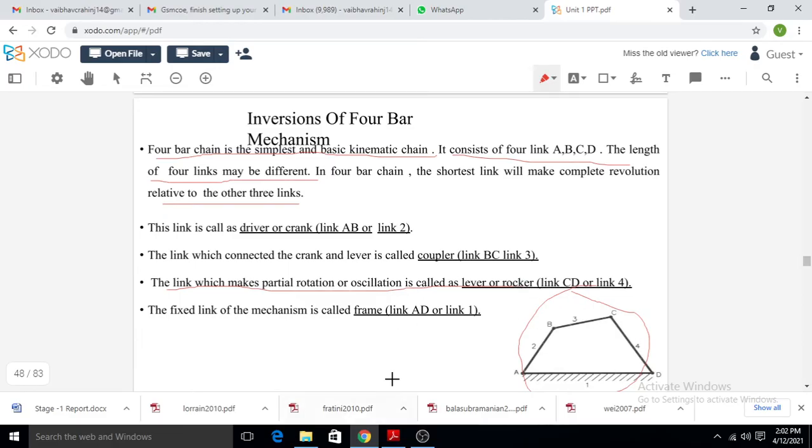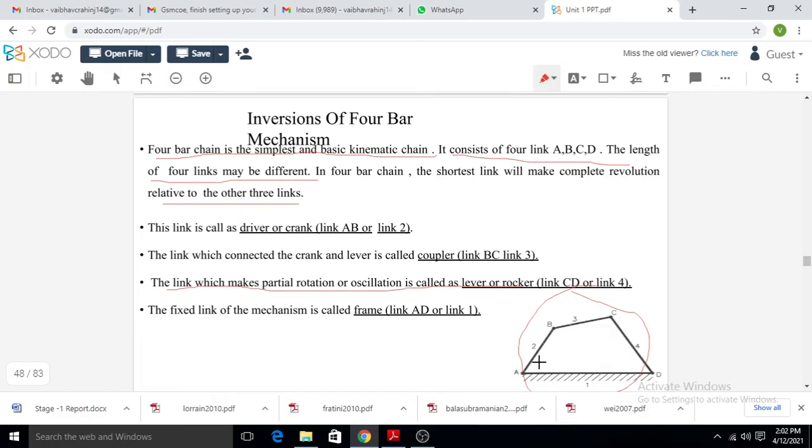If we consider the links 1, 2, 3, 4, in which link 1 is fixed, link 2 is called the crank. Link 4 makes the partial revolution or oscillation, that's why it is called the lever or a rocker.